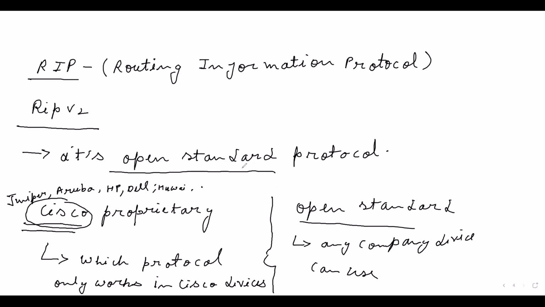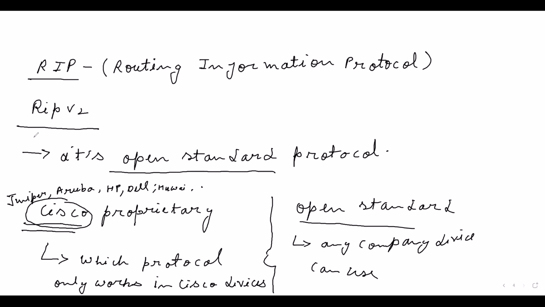Cisco proprietary and open standard. So open standard means any of these companies can use it, Aruba, HP, Dell, but a Cisco proprietary protocol can only be used by Cisco, right? Yeah, correct.